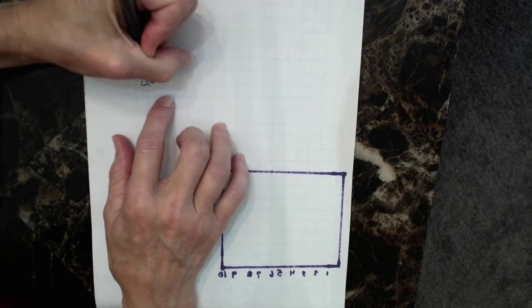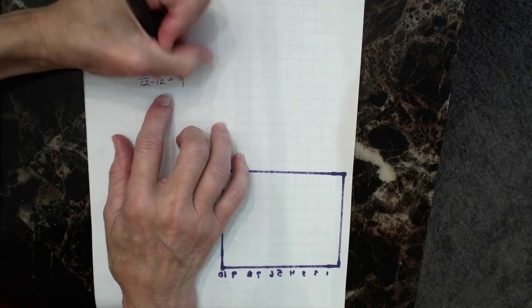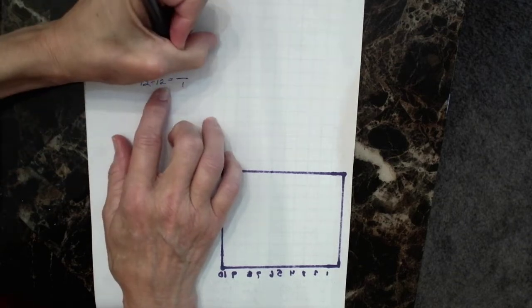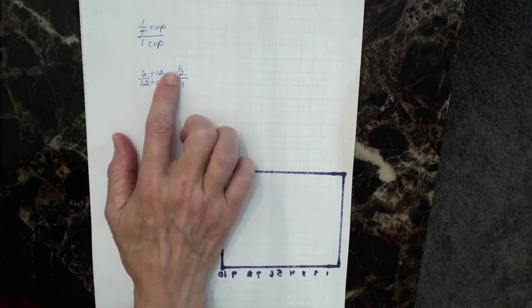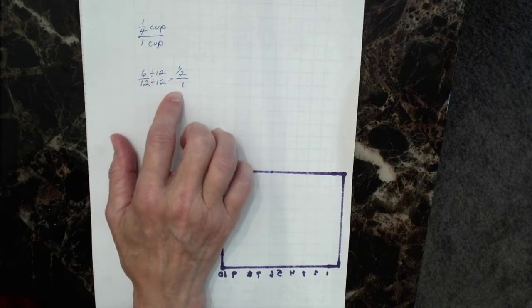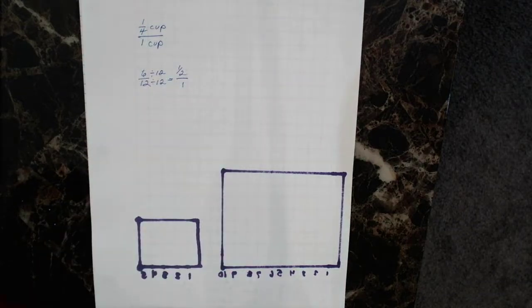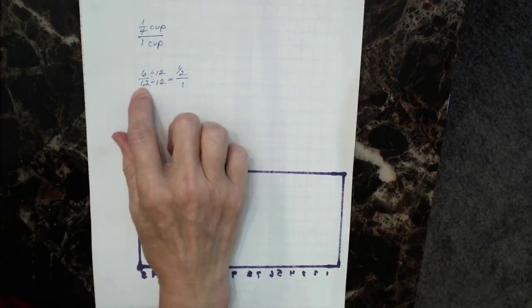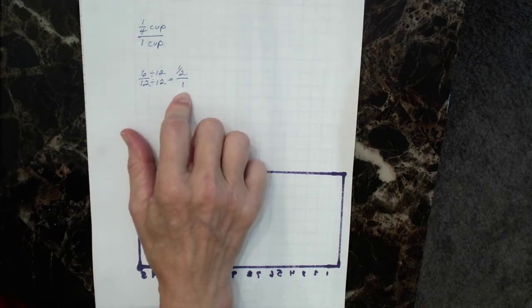So if you divide by 12 here and here, 12 divided by 12 is 1, 6 divided by 12 is a half, or 6/12 reduced is 1/2. So we're not referring to any real world context at this point. We're just looking at fractions that can be associated with a unit rate if needed.